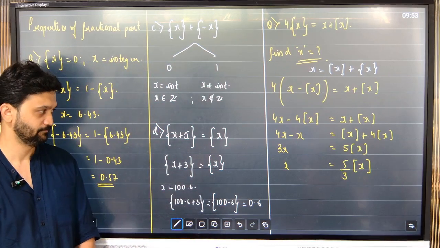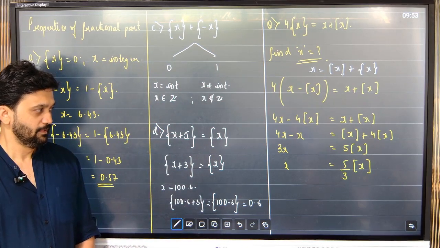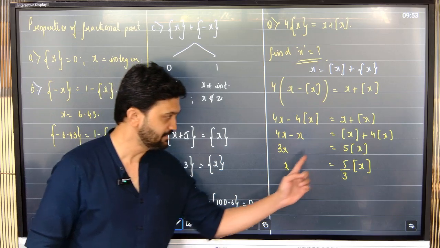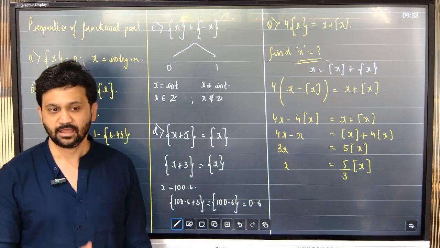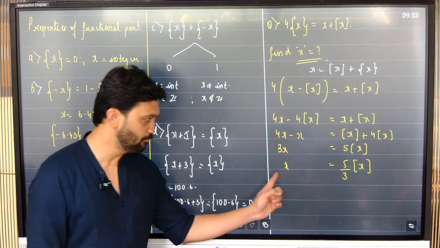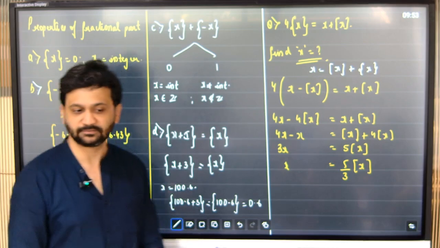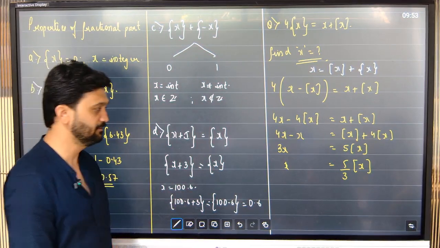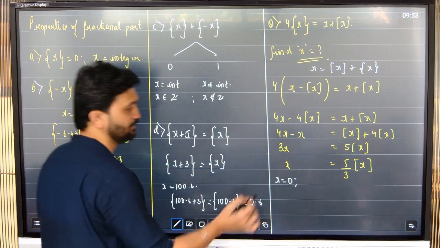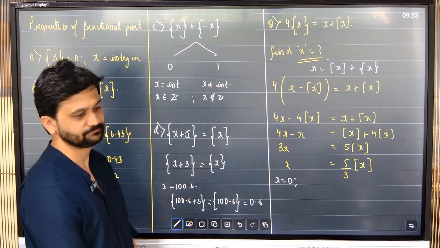Now, pay attention. When will LHS and RHS be equal? For what value of x will LHS be equal to RHS? First of all, if I take x as 0, what will the left hand side become? 0.